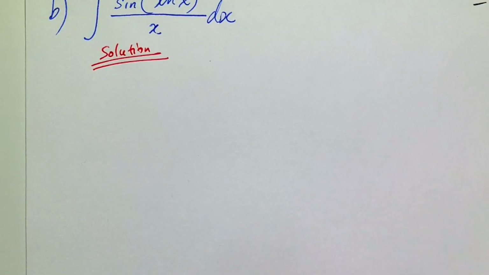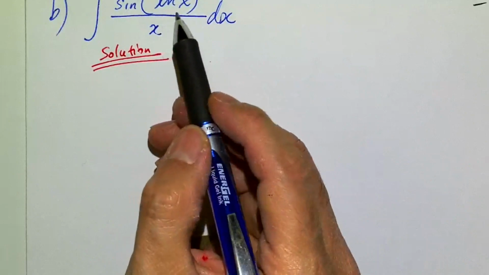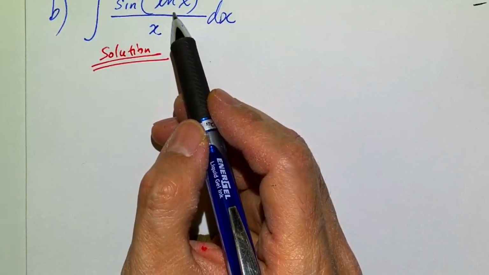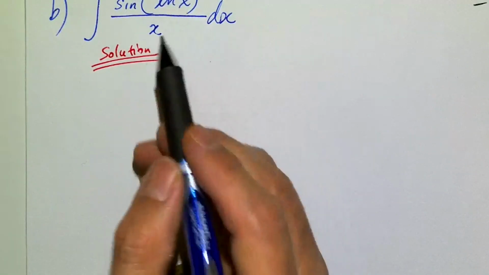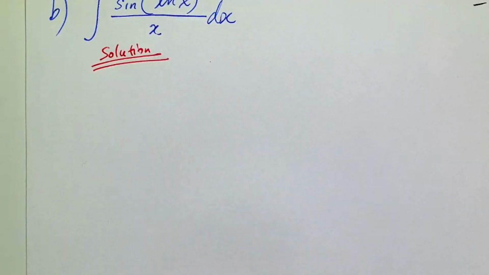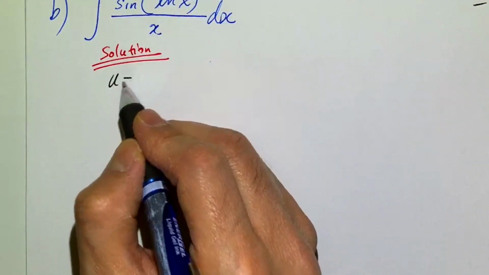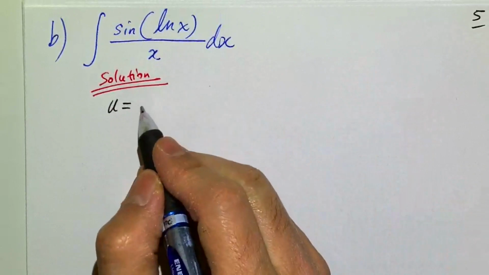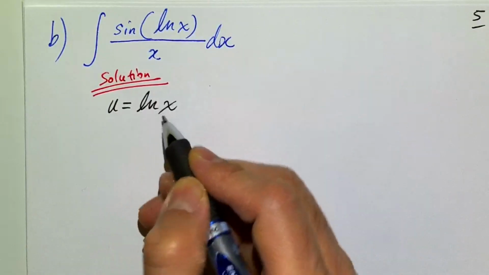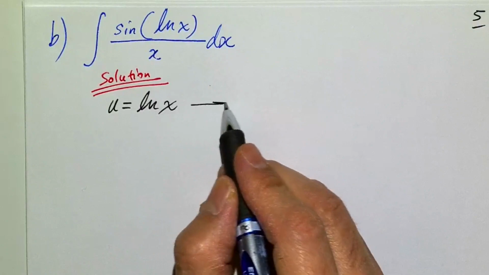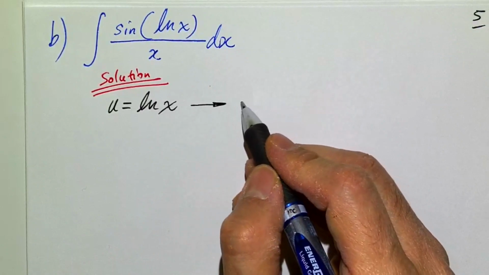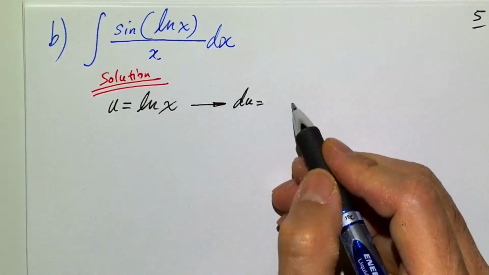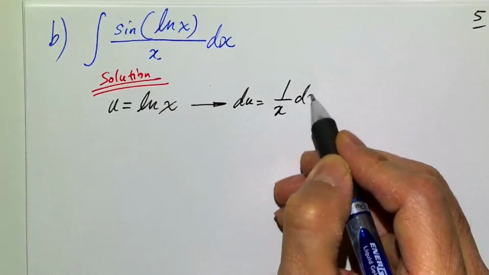Okay, so let's make that substitution. Recognizing that the derivative of natural log of x is 1 over x, let's pick our u as natural log of x. And therefore, we have du as 1 over x dx.